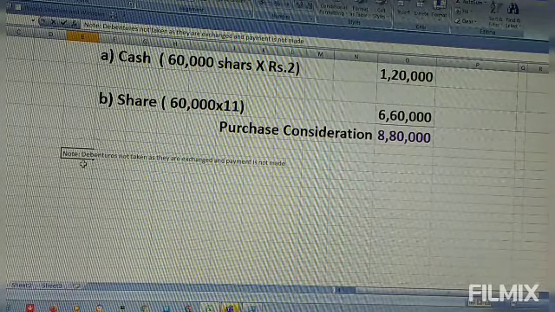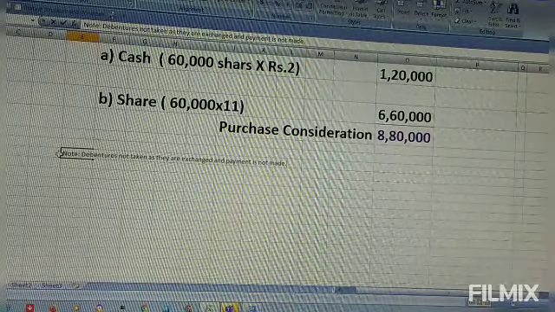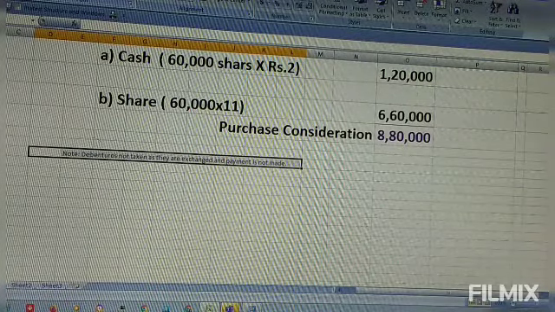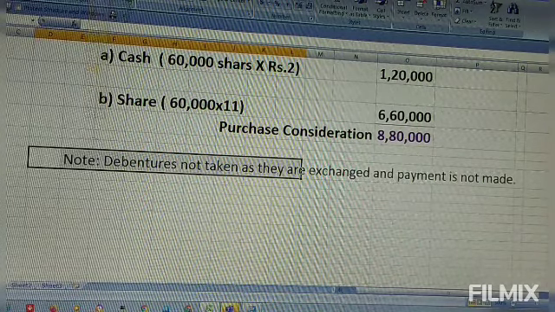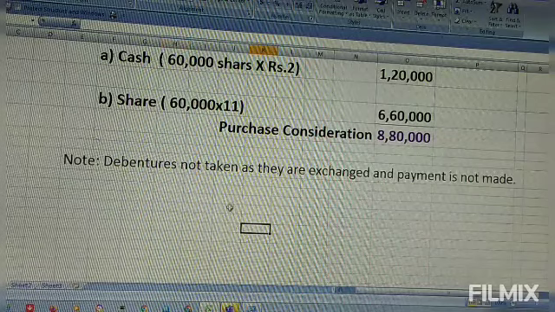Like this we can compute the purchase consideration.